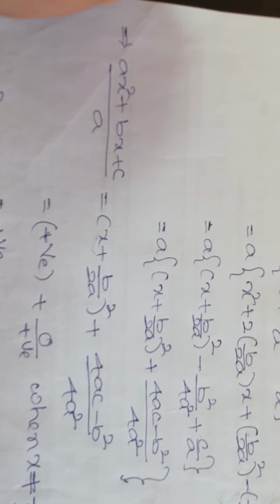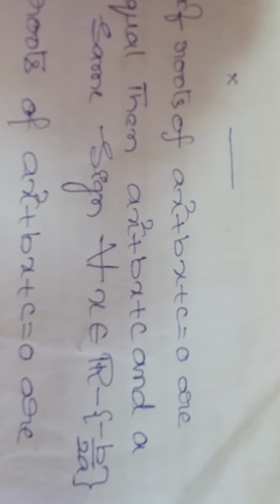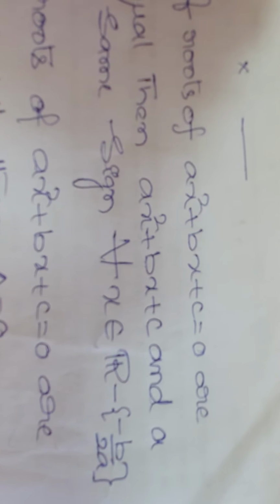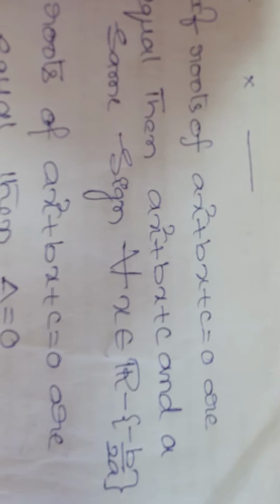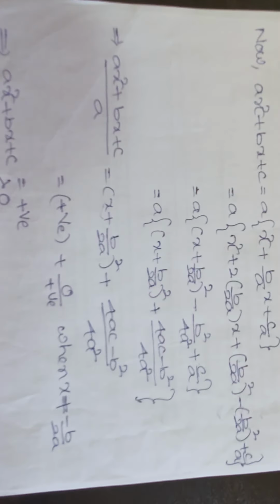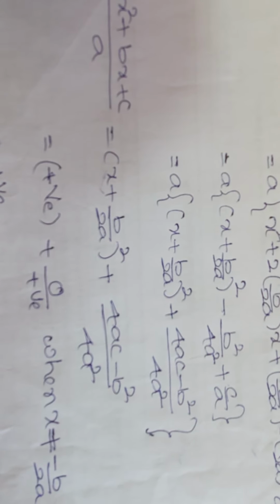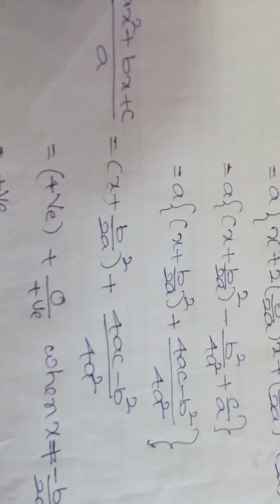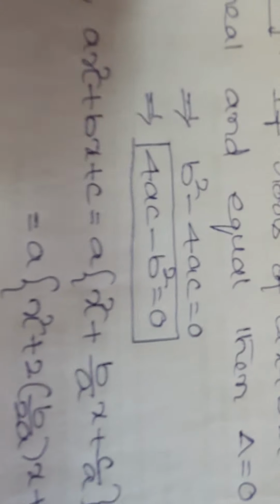How can you say here x is not equal to −b/2a? It is clearly given in the statement of the theorem in the last term: for all x belonging to R − {−b/2a}, we can take any real number for x except −b/2a. So we never take the value of x equal to −b/2a. So it never becomes 0 because x is not equal to −b/2a. So it is positive. 4ac − b² equal to 0 is in the box.